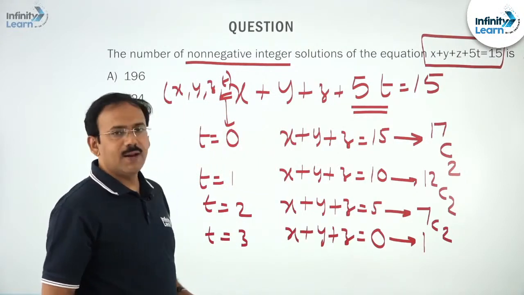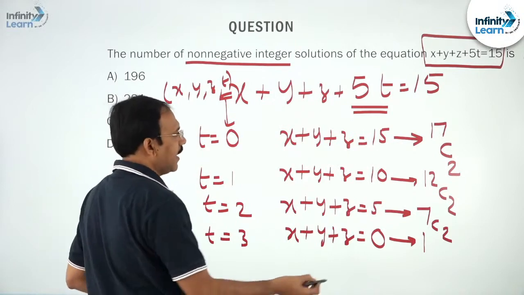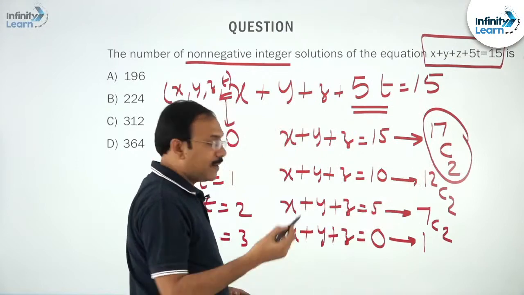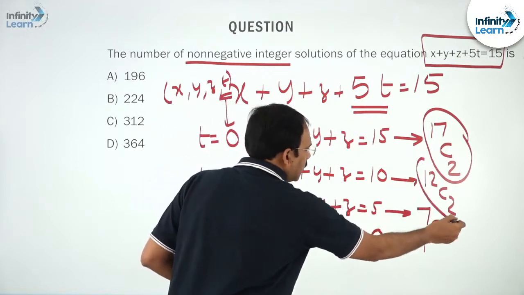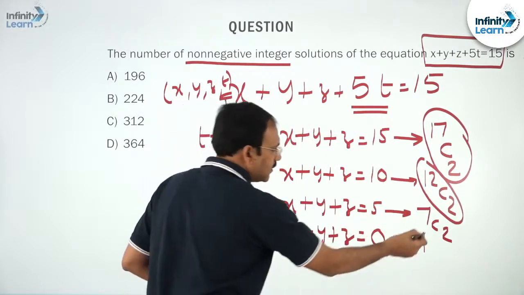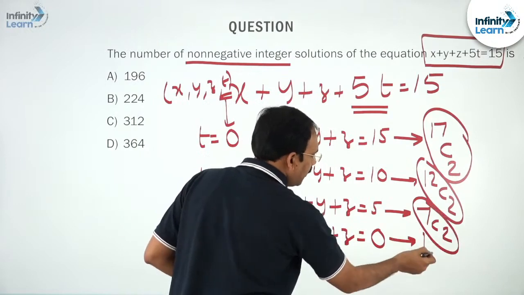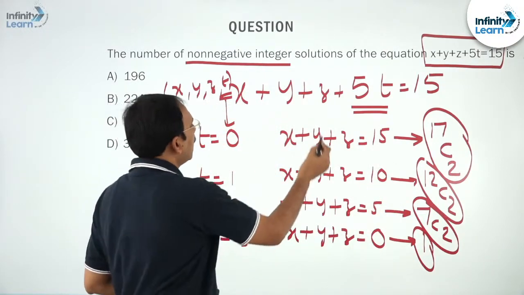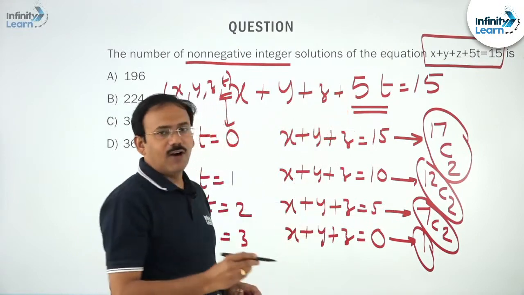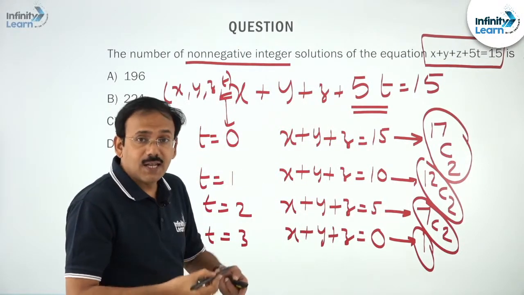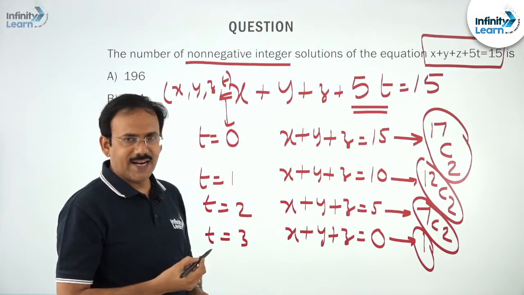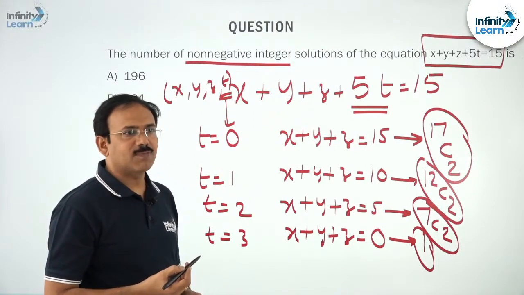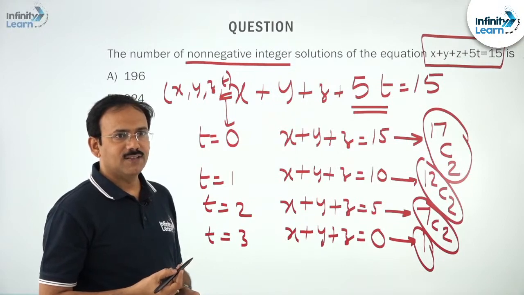So, the total number of cases can be taken like 17C2 plus 12C2 plus 7C2 plus 1, that is all. So, if you are given any multiple of some variable, better you give cases, right dear students, clear. So, shall we move to the next problem, right? Fine.